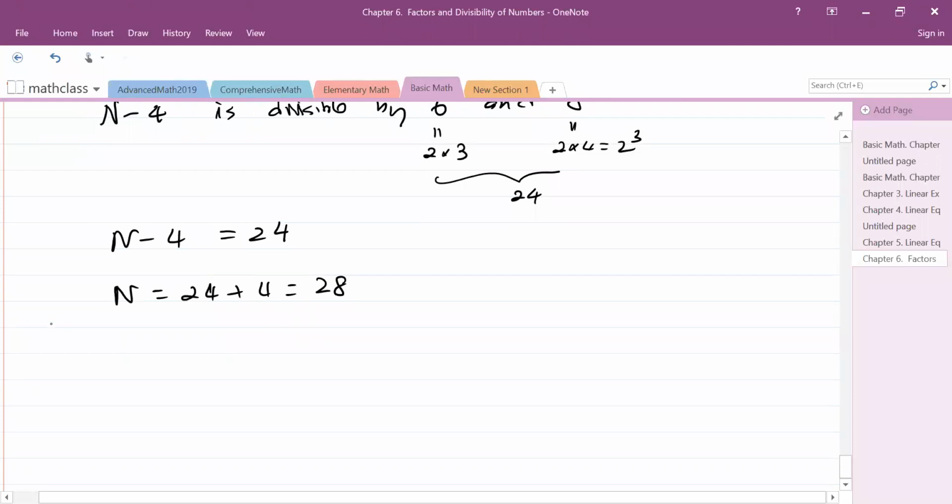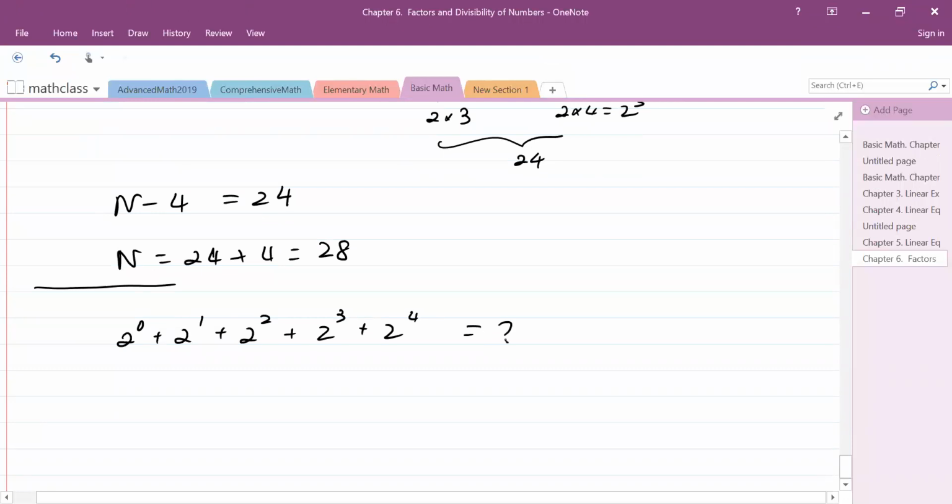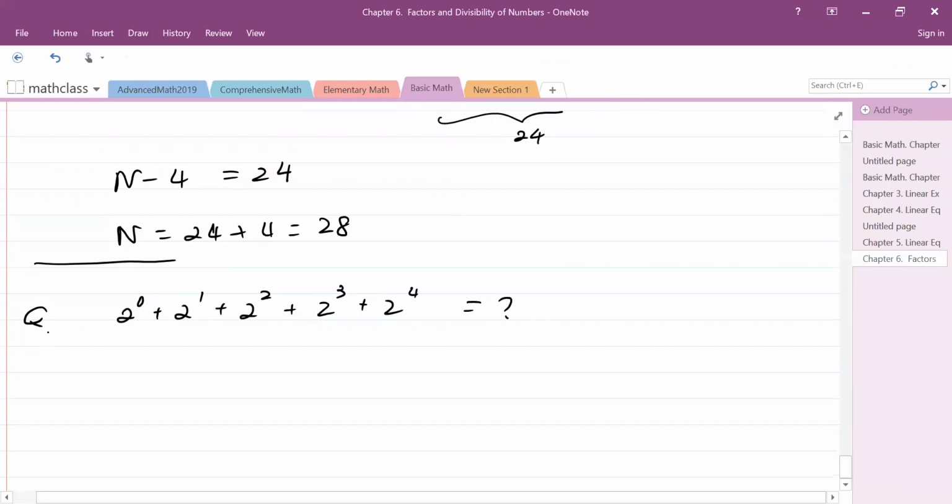All right, for the very last one, I'm going to talk about how we add numbers together, like 2 to the 0, 2 to the 1, 2 squared, 2 cubed, 2 to the 4th. How do we add them quickly?